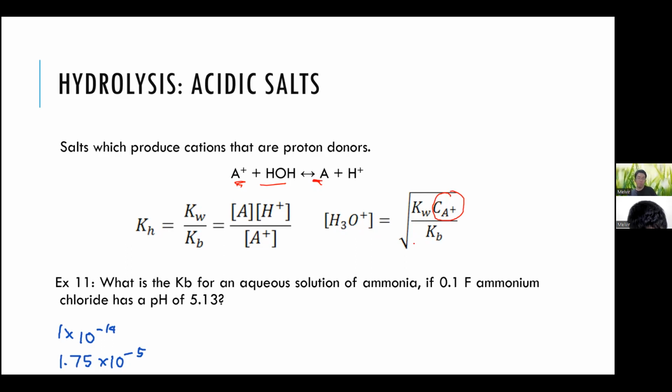So, the question here: what is the Kb for an aqueous solution of ammonia if 0.1 formal, or formal is just molar, right? So, it's the same, Josh. 0.1 formal ammonium chloride has a pH of 5.13.